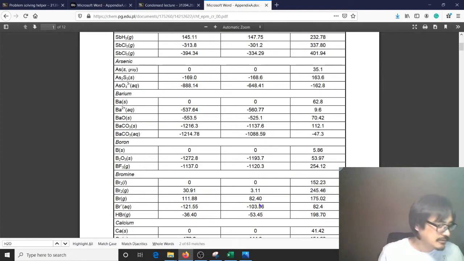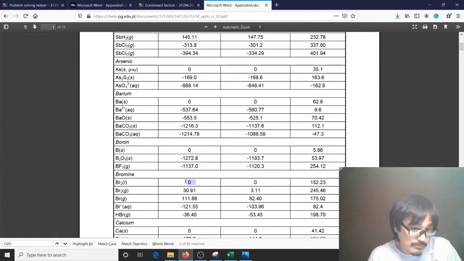The delta HF of the liquid is 0. And delta H of formation of the gas is positive 30.91. Whenever you're dealing with thermodynamics, be very careful with signs, because the sign means positive or negative.